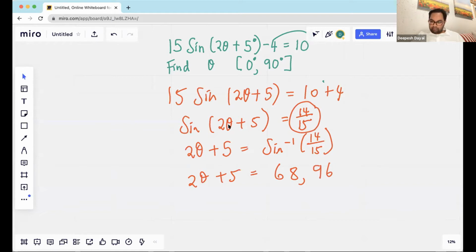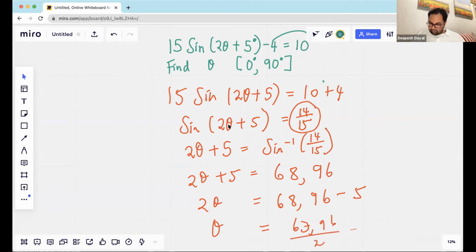And then what do you do next? We take the 5 degrees to the other side. And it becomes -5. Yes, sir. And then we divide by 2. Yes, sir. Divided by 2, which gives me 31.98. Is that right?